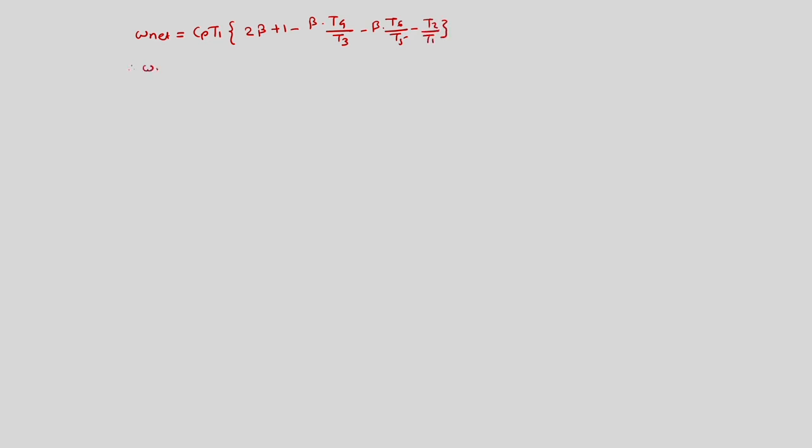Then this for us is now CPT1 into twice beta plus 1 minus beta by T1, since T1 is equal to T3 by T4 and T2 is equal to T5 by T6. So we have minus beta into T2 minus T.